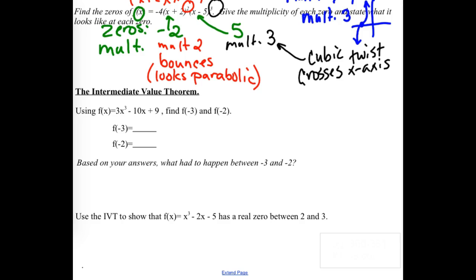The last little piece is something called an intermediate value theorem. So before we start talking about it, I just want you to evaluate this function for 2 different values. The first one, I want you to find f of negative 3, and the second one, I want you to find f of negative 2. So we're just plugging them in. Okay, putting a negative 2 in.